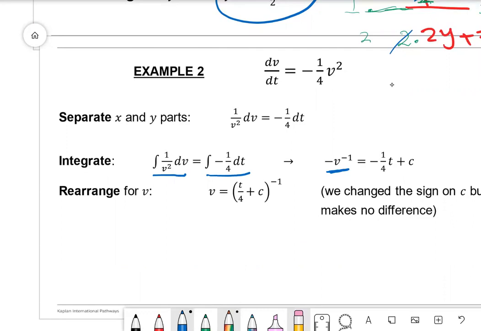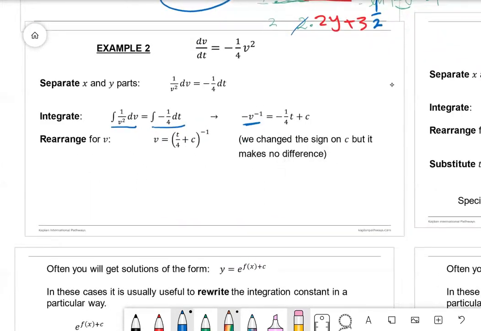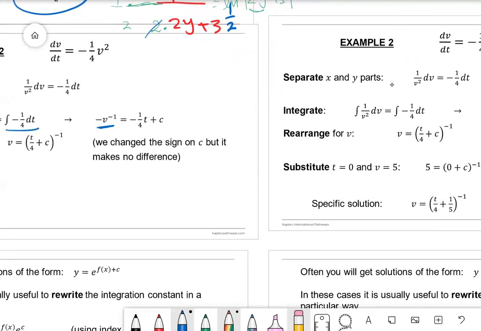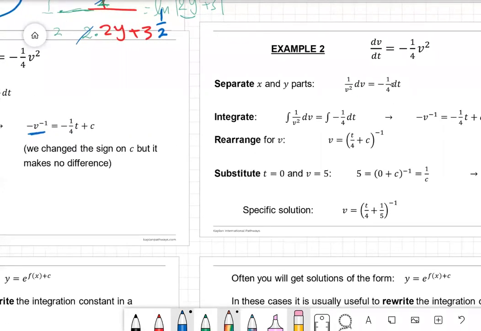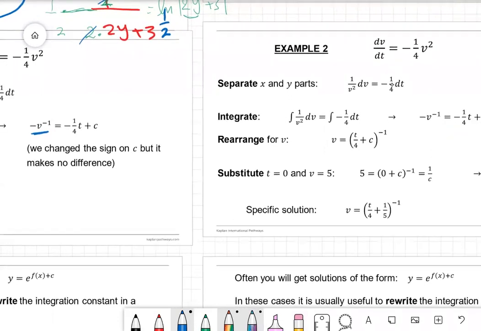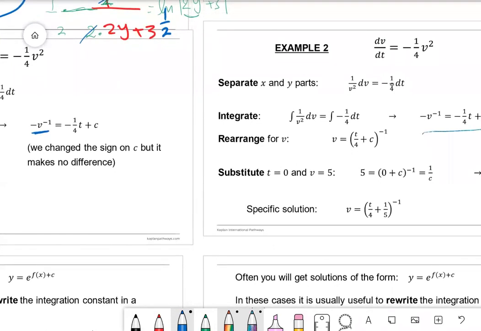Right. Now, what we have is minus v to the power minus 1 equals minus quarter t plus c. Right, v to the power minus 1 means 1 over v, yes? So if 1 over v equals minus 1 over 4t plus c, then it's like flipping over, okay?